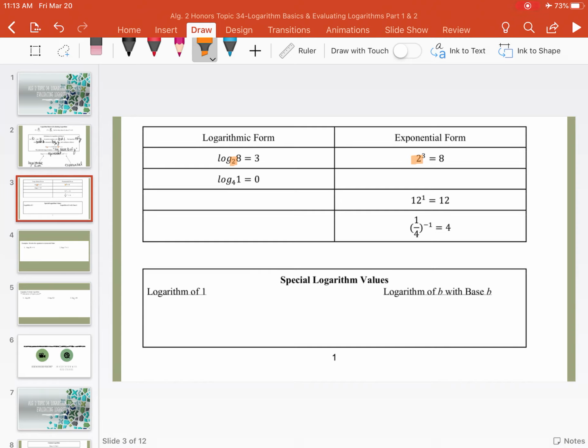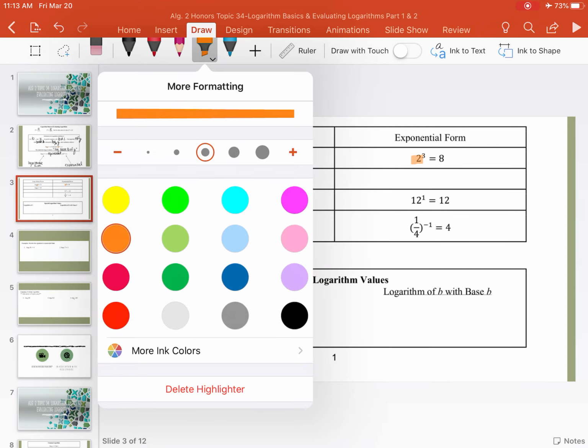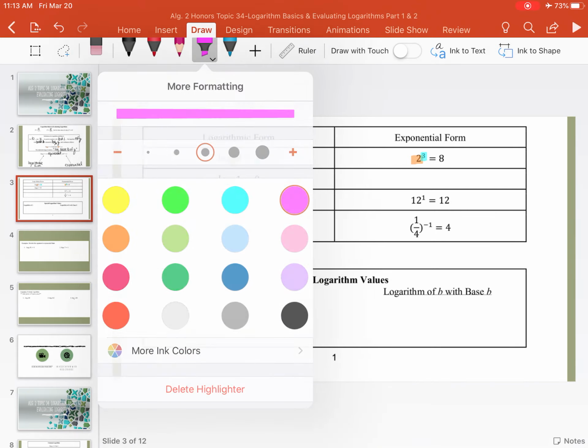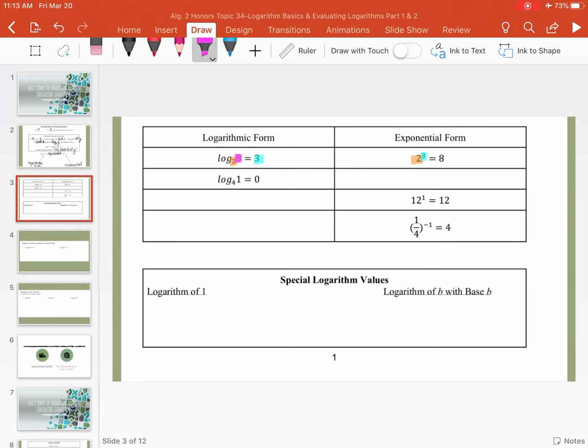It's going to equal our exponent on the logarithmic side. And then your y, your big number on the logarithmic side, is what it's going to equal on the exponential side. So a lot of this is just going to be practice rewriting between logarithmic form and exponential form, because it does take some adjustment.